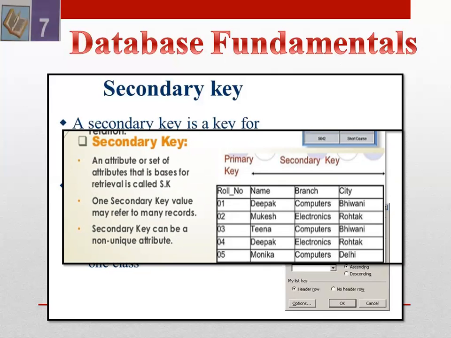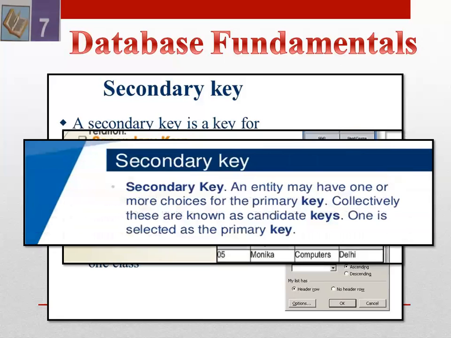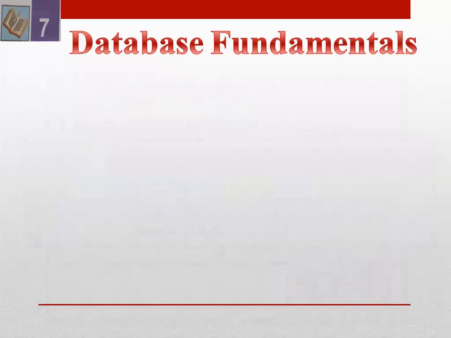For example, the attribute address in a student table can be used to display all students who live in a particular city. In this case, address will be used as a secondary key. An entity may have one or more choices for the primary key. Collectively, these are known as candidate keys. One is selected as the primary key.